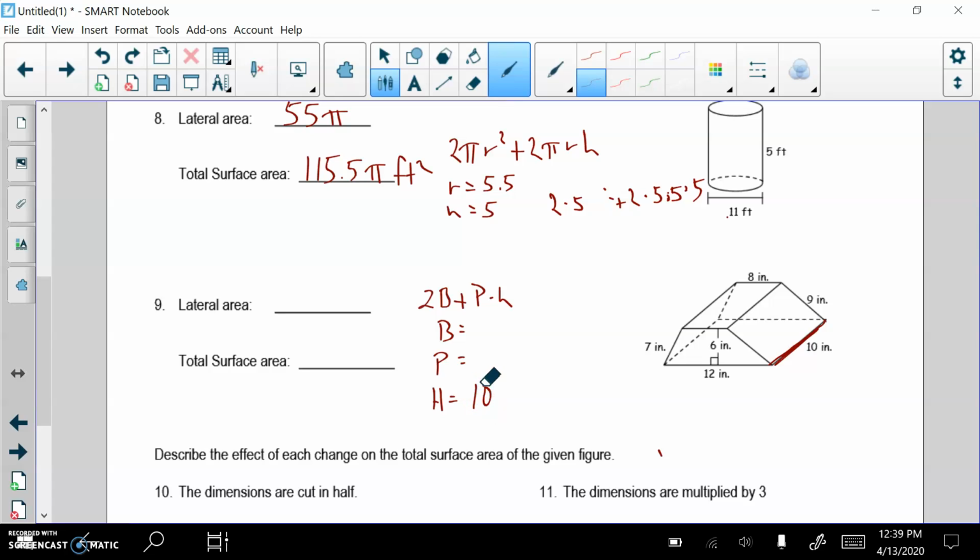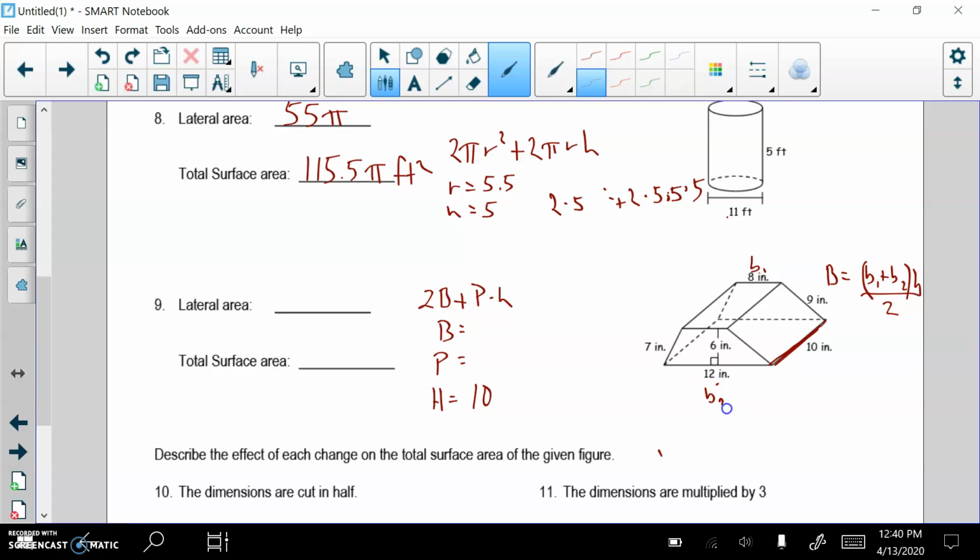All right, now for big B. Big B is the area of a trapezoid. Area of a trapezoid is, so big B can be found by doing little base 1 plus little base 2 times little h divided by 2. I'm going to do this in my head. This is B1. This is B2.